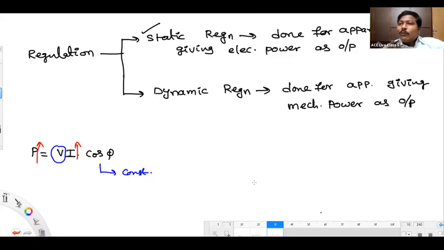How much change in the voltage we are going to get is described by the static regulation term. Hence, we call static regulation as voltage regulation.